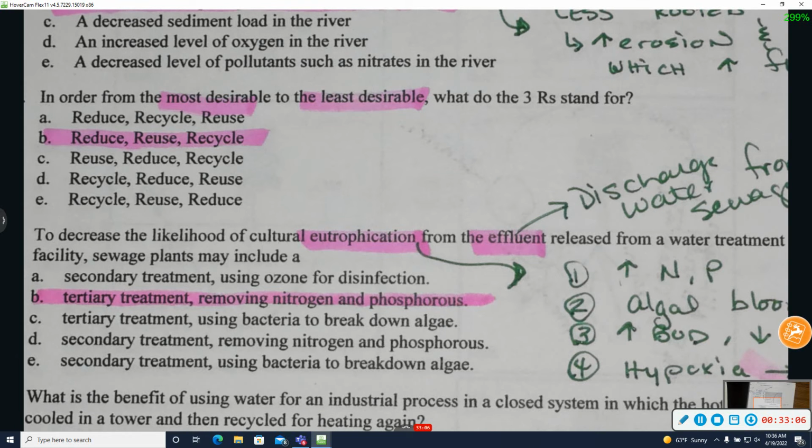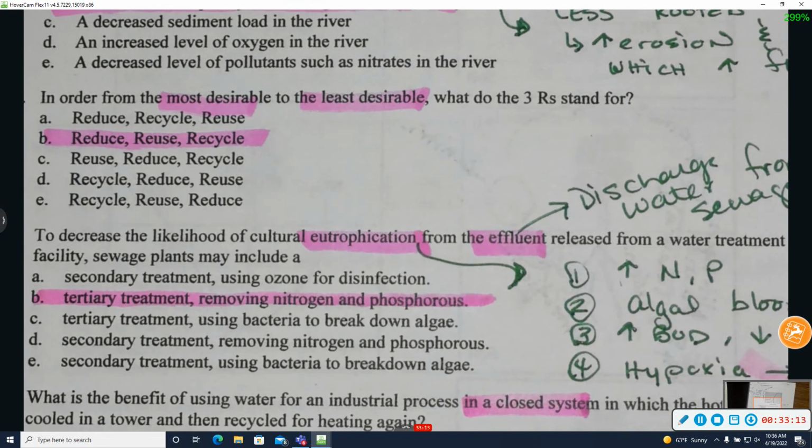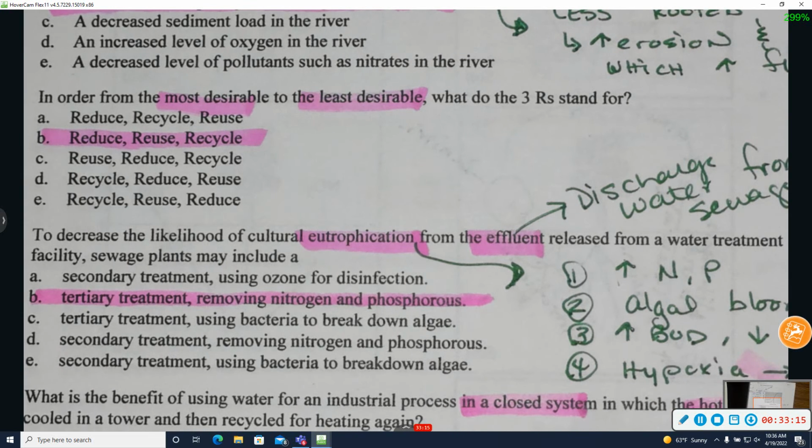Okay, so the next one says, what is the benefit of using water in the industrial system in a closed system, just like reusing that hot water? Because you're going to decrease what we call thermal pollution.